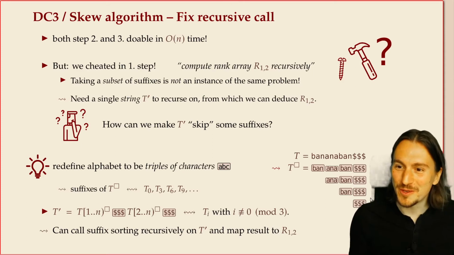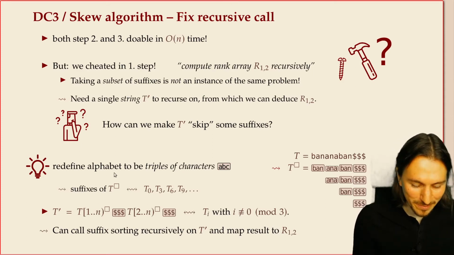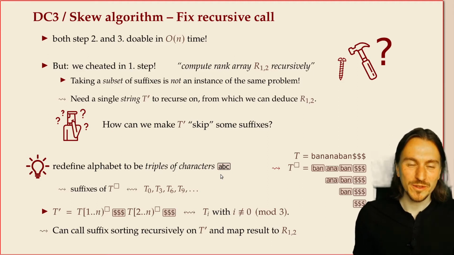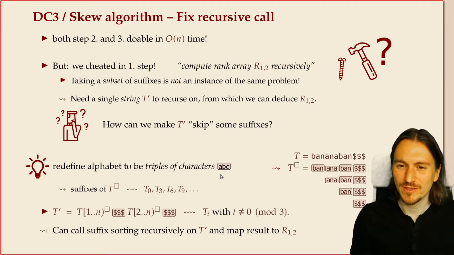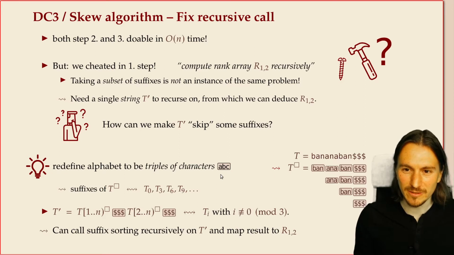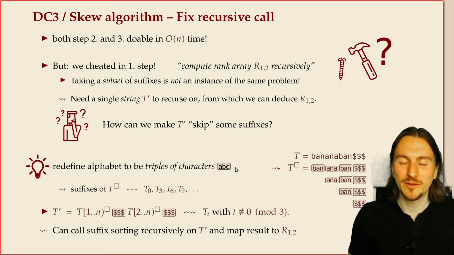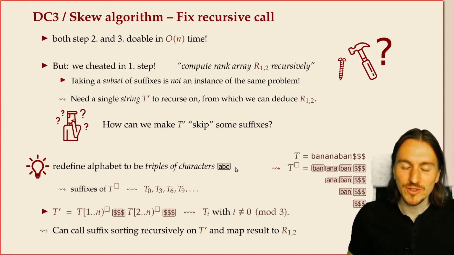I'll move out of the way for the example in a second, but let me first discuss this. The key insight is we don't directly use the same text. We modify the text in 2 ways. First of all, we don't consider the original alphabet, but we make new compound characters that each consist of 3 of the original characters.